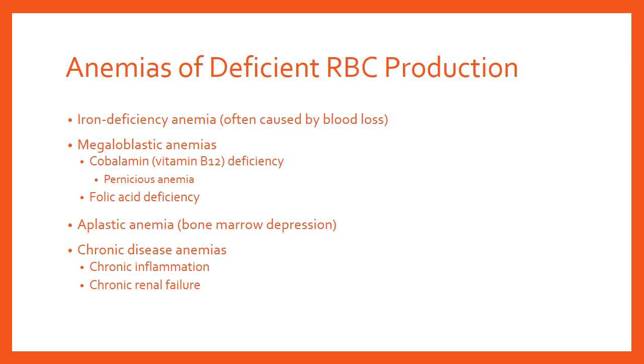When we have iron deficiency anemia, it's often caused by blood loss, again, a slowly bleeding tumor, wound, injury, it can be even a surgical wound. The patient lost some blood during the surgery, so this is a very clear-cut cause.